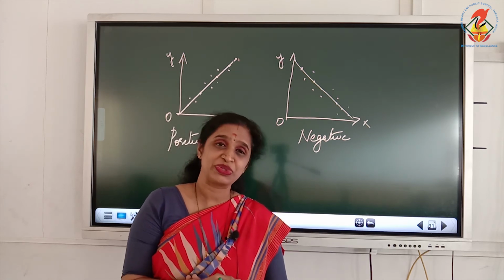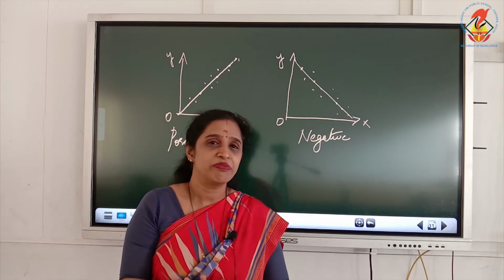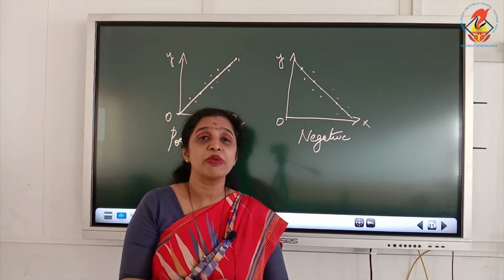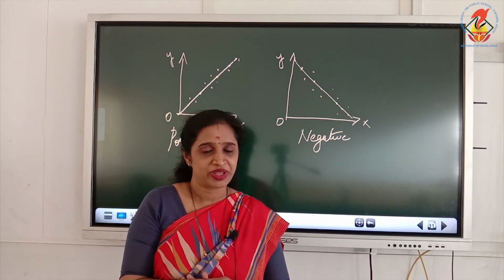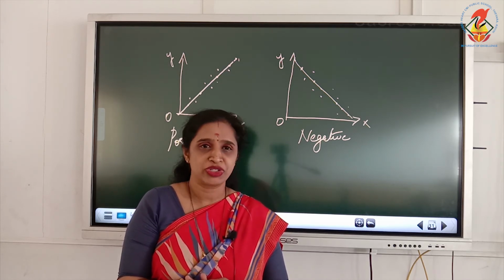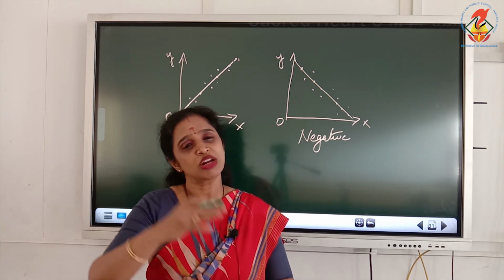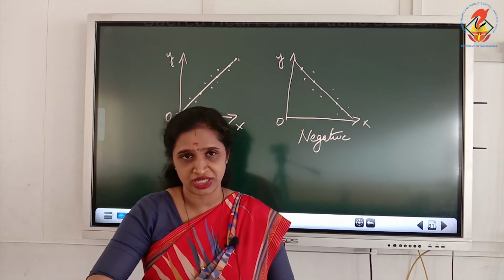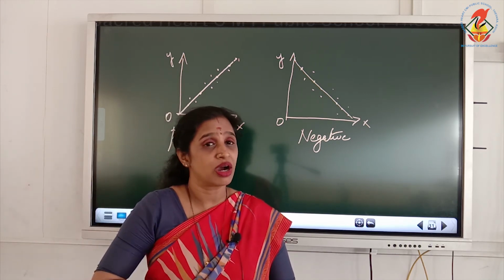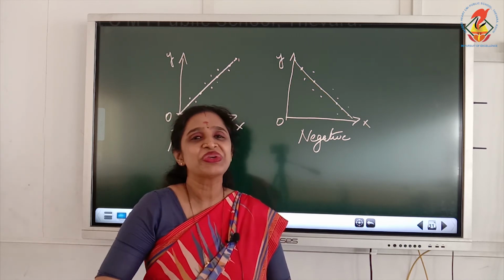What is positive correlation? Both are moving in the same direction, but it is not necessary that it should be proportionate. Change in the price and change in supply, both are moving in the same direction, but their change will not be proportionate. If it is not proportionate, we can't call it a perfect positive, we can call it only positive correlation.